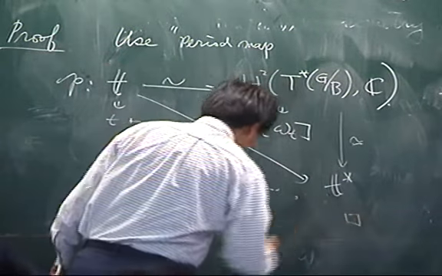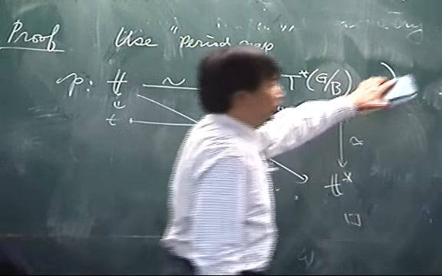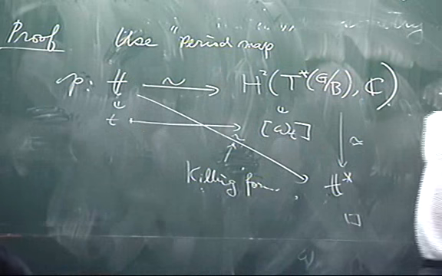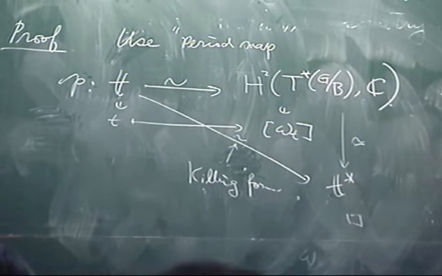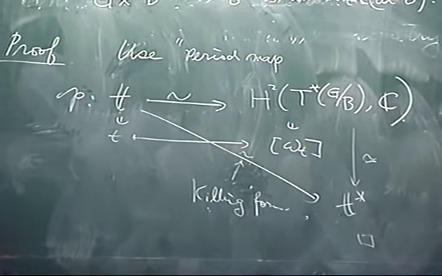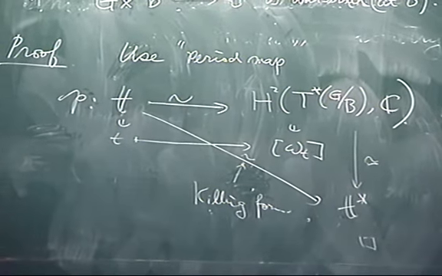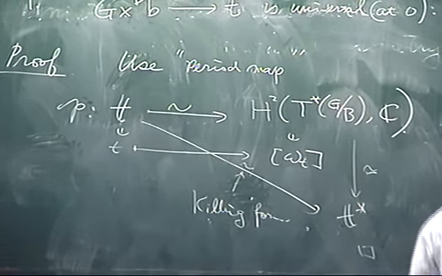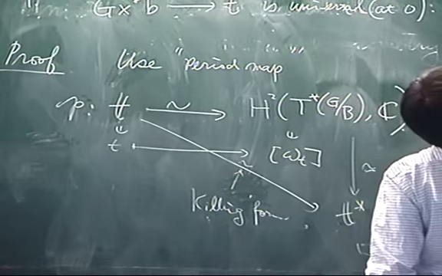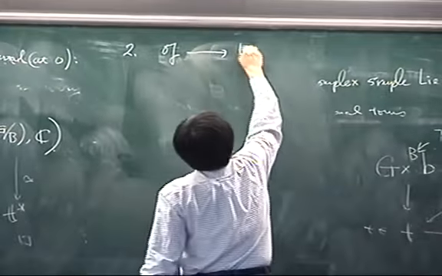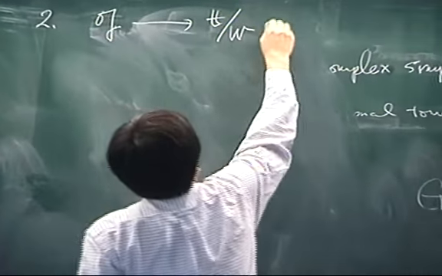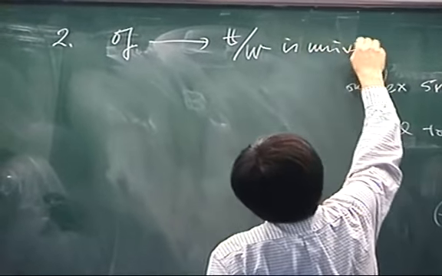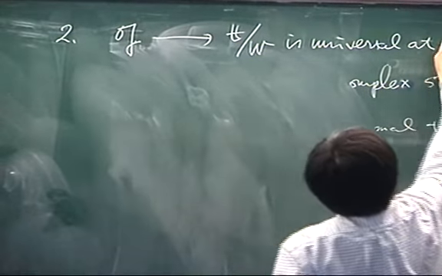So the point is the next step. How about this? The second step is that this J over T mod W is universal at 0.